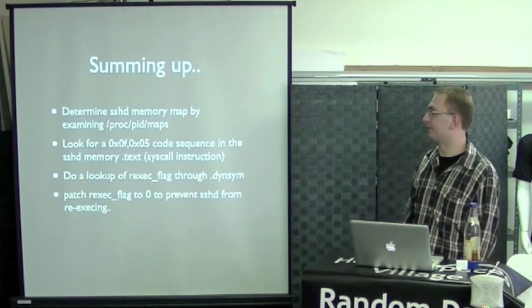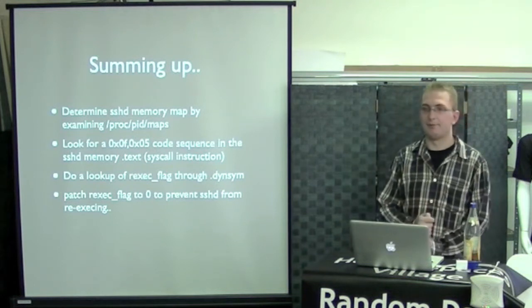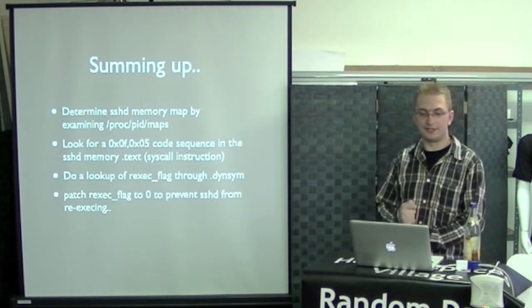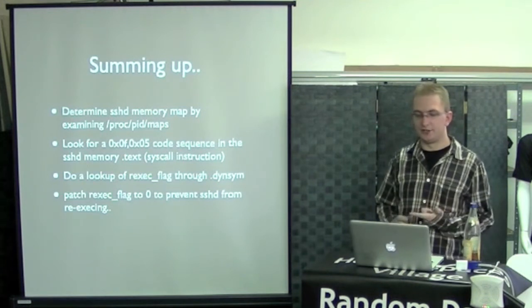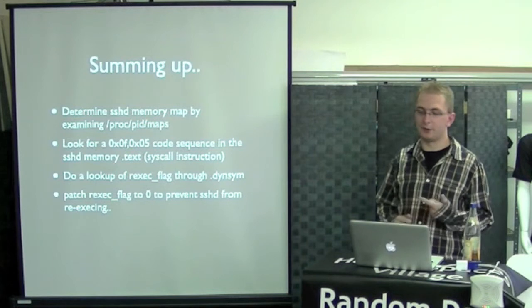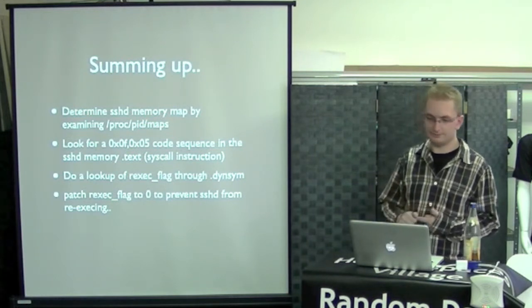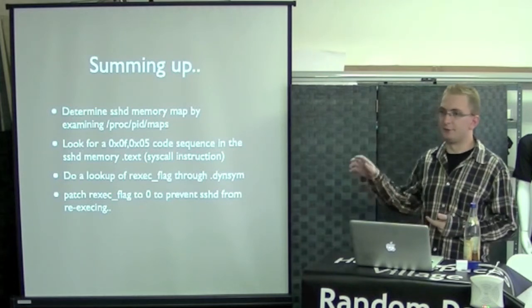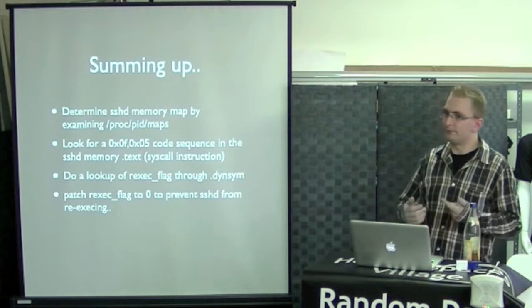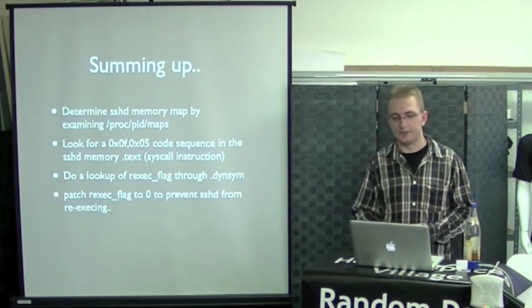So let's start summing this up. We can determine the SSHD memory map by looking at the /proc/PID/maps file. Then we look for a 0f05 code sequence, which is a syscall instruction, which we need for syscall injection. Of course, we could also patch one into memory somewhere and then jump to that, but I actually scan for a valid syscall instruction.